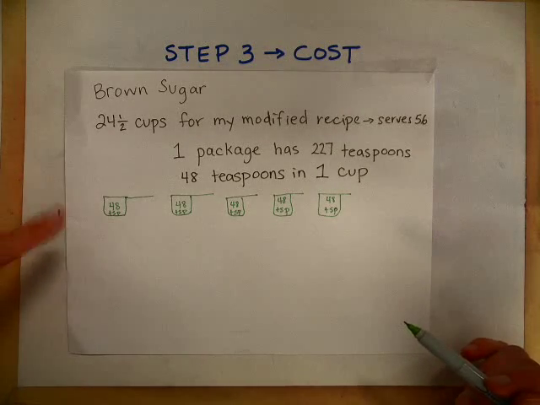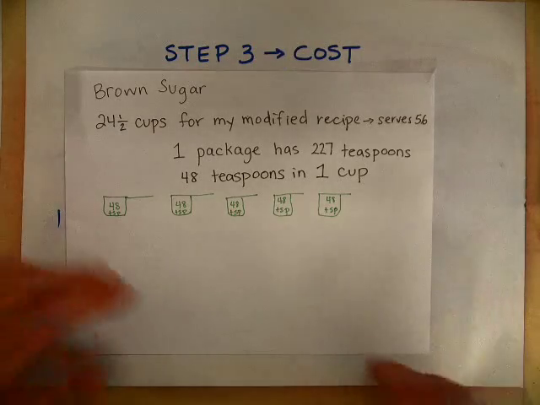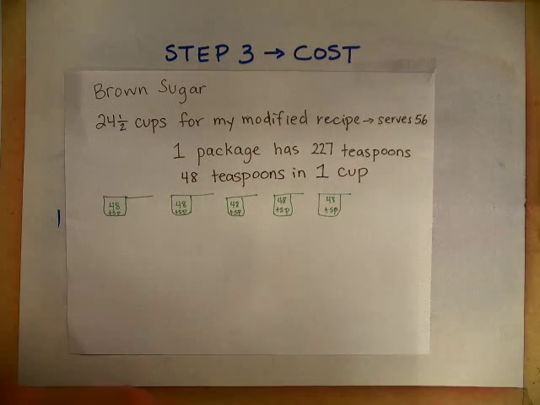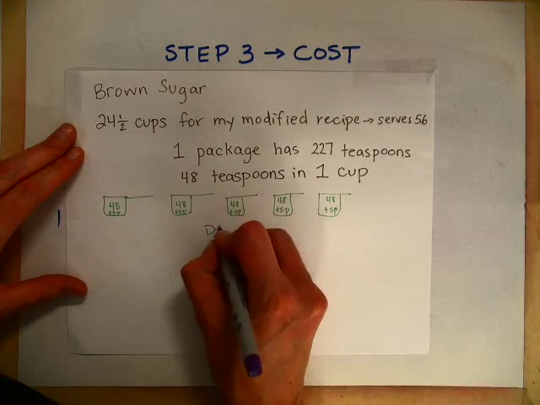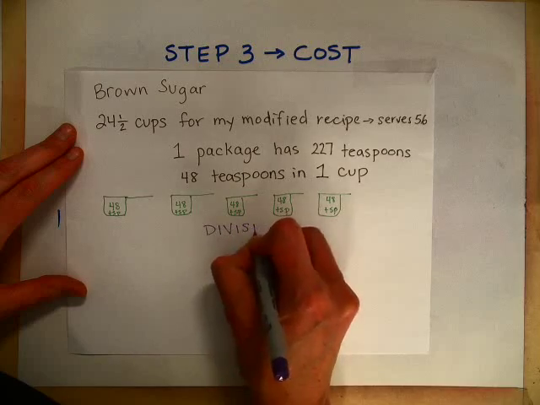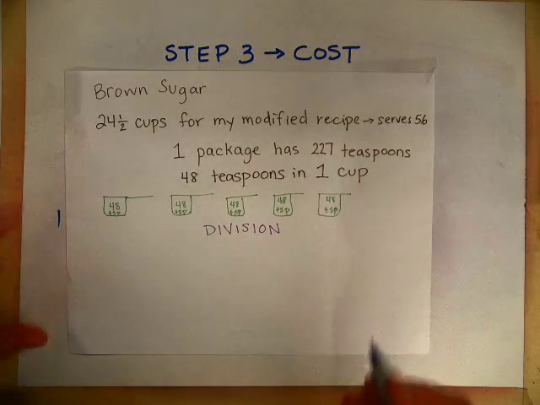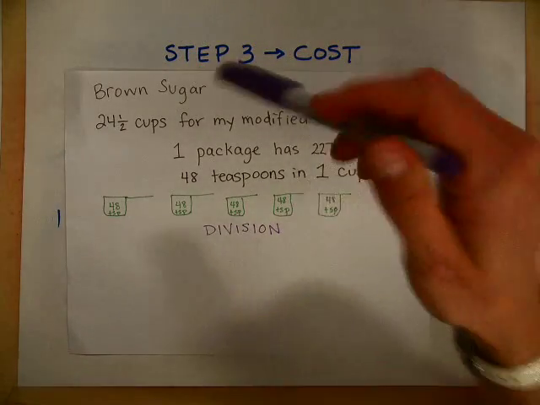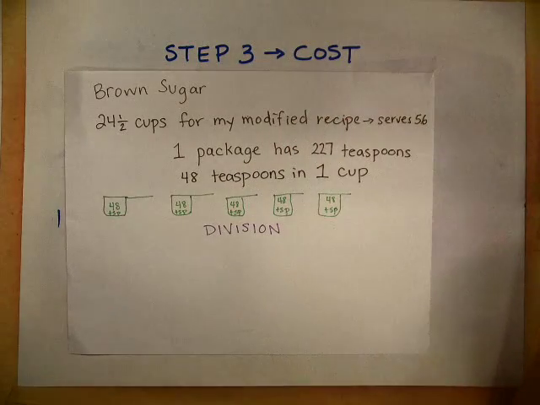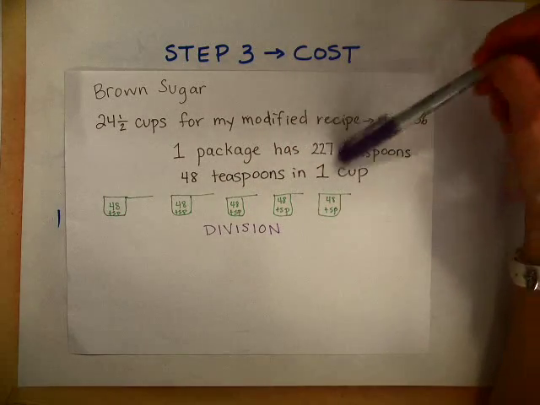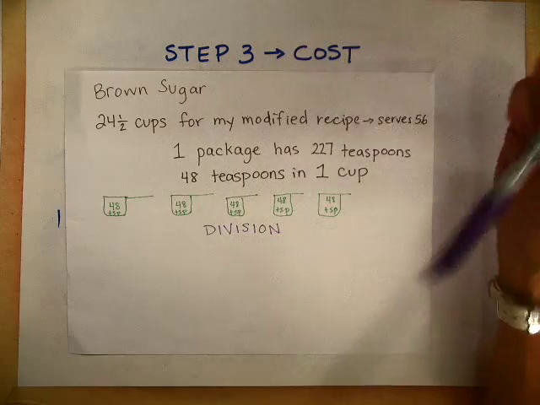Each group has 48. What kind of math is that? Well, that's everybody's favorite kind of math. Division! Woohoo! Division is your best friend. It helps you do stuff. Anyway. Okay, so I'm making groups. That's dividing. I am dividing this number by this number.